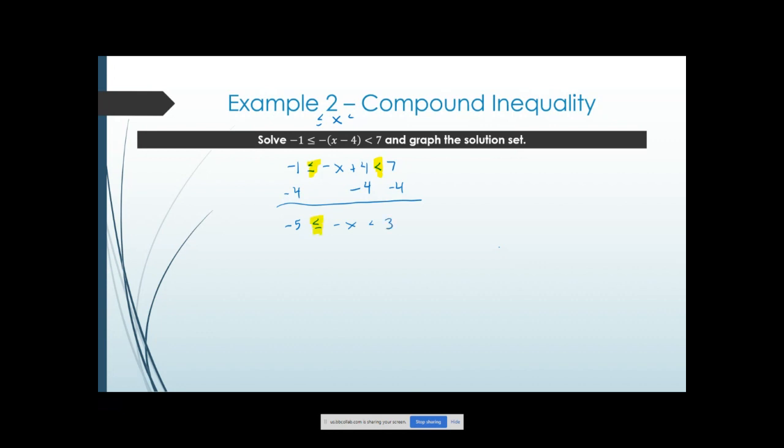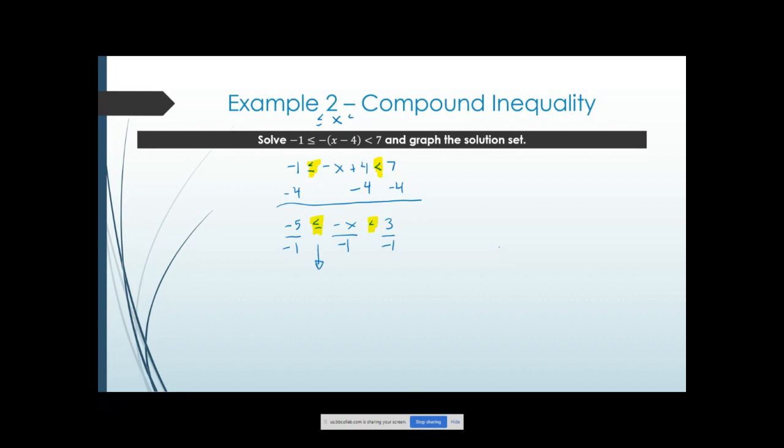I'm going to just highlight here again so you can see that we have a left, a middle, and a right. Now I want x, I don't want negative x, and so that means I need to divide everything by -1 to get rid of the negative. Because I'm dividing by a negative, I have to change directions of the inequalities.